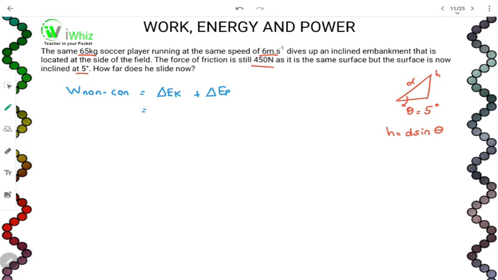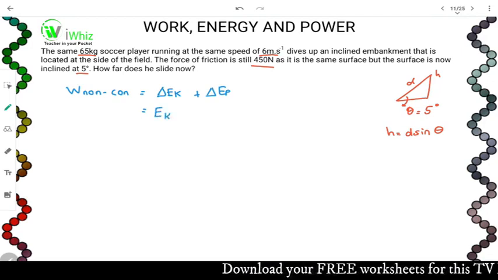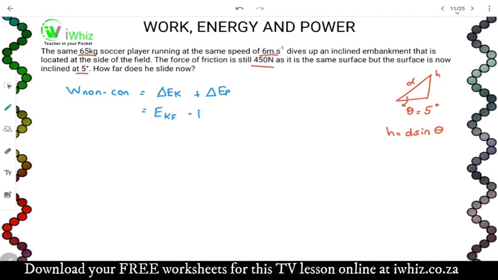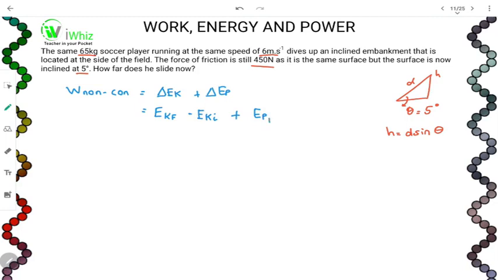The change in kinetic energy is equal to kinetic energy final minus kinetic energy initial plus potential energy final minus potential energy initial. So that's the full example that we have.